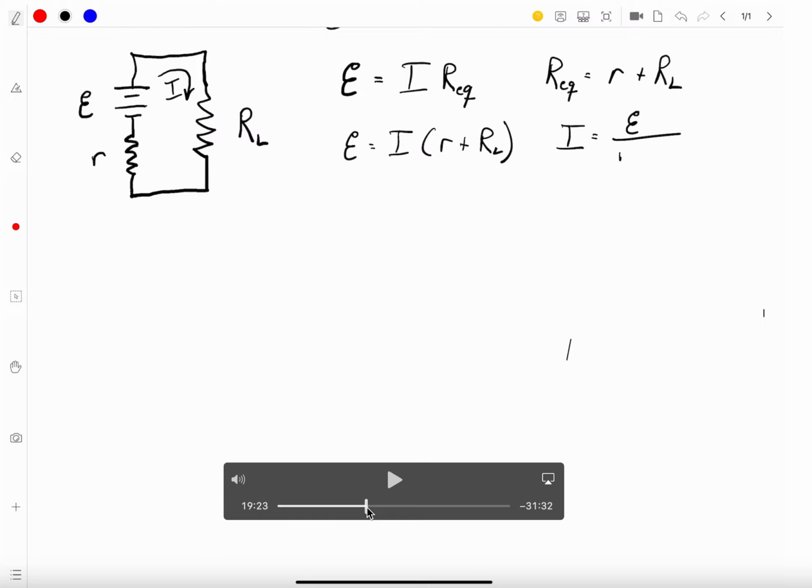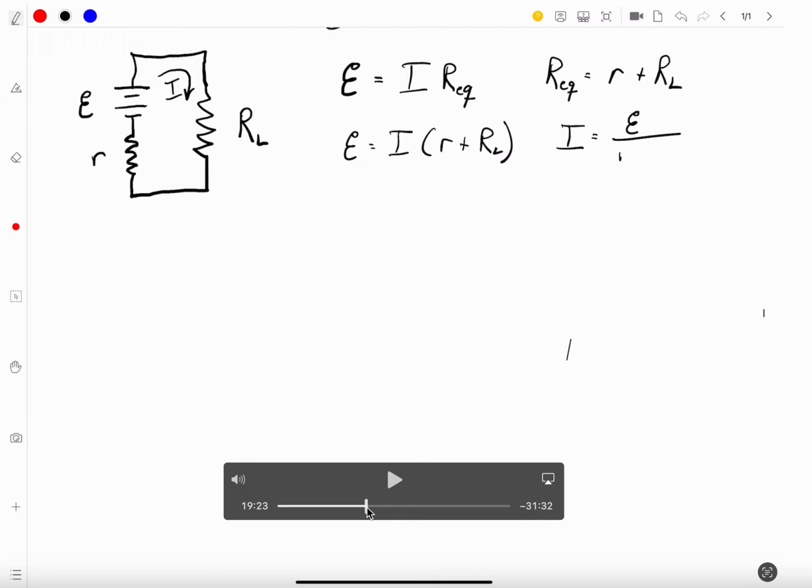So, of course, V equals IR, and that's where we start, but instead of V, it's our electromotive force, curly E, equals I REQ. What is the REQ? Well, that's just the internal resistance plus the resistance of the load, so R plus RL.